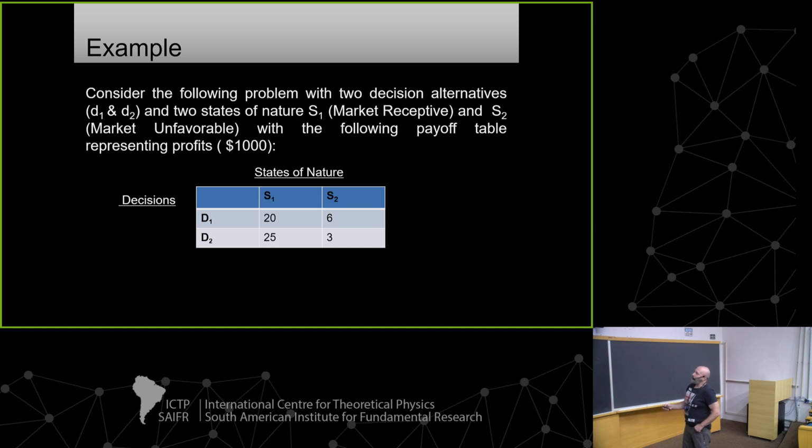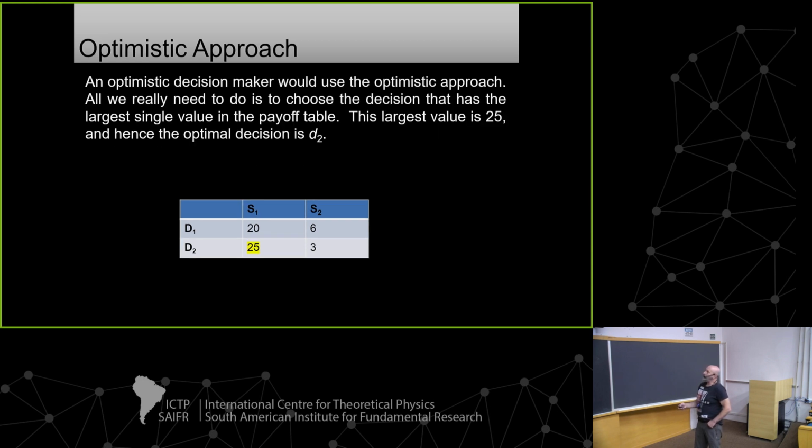If I choose D2, I will get 25. But if the scenario is S2, if I choose D1, I will get 6, and if I choose D2, I will get 3. So an optimistic decision maker will just choose the highest payoff, that will be 25.